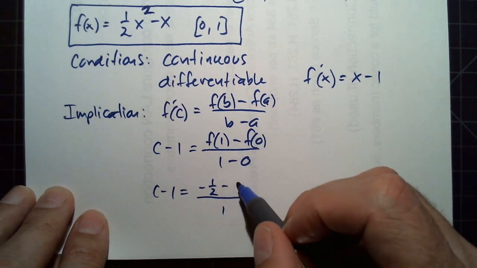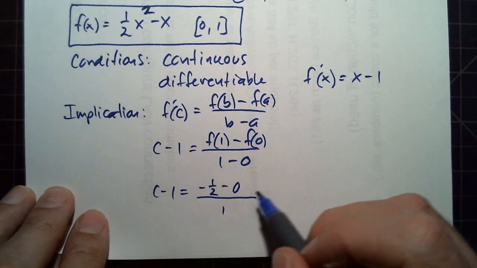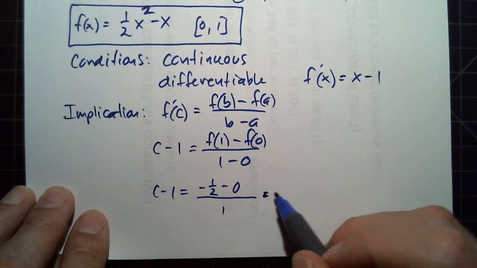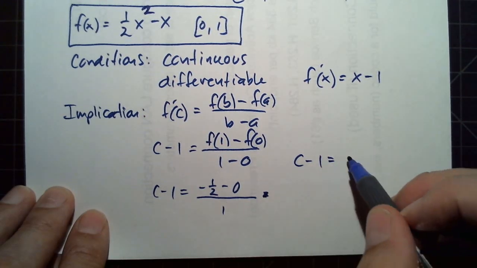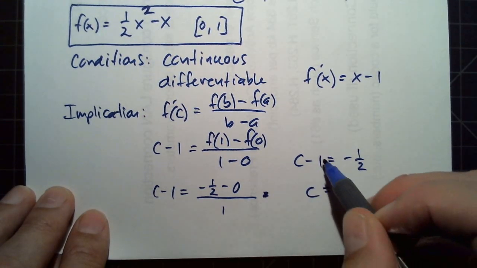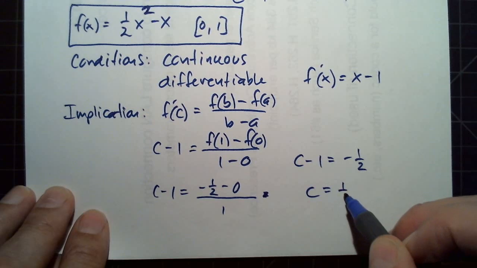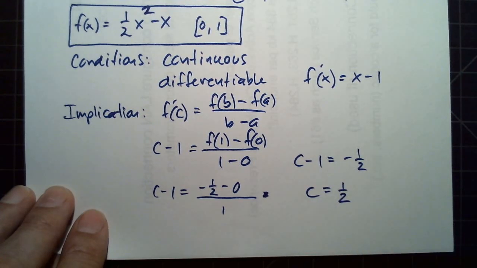And f of 0 is 0. So we're going to do c minus 1 equals negative 1/2. Add 1, and we get 1/2. This says that at an x value of 1/2, the slope of the function is equal to the slope of the secant line.